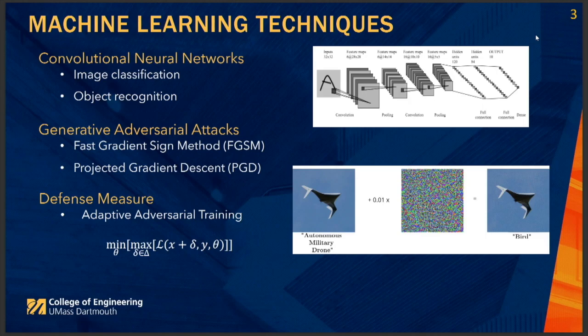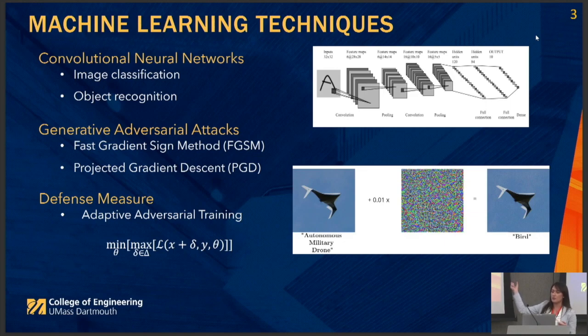Here we consider two types, FGSM and PGD, and they perform quite similarly. They receive an original image as input, and they inject some sort of noise into the image and create an image that for the human eye looks exactly the same, but for the image classification algorithms is totally different. Here we have an example of a UAV where we inject some sort of perturbation, and then for the algorithm now it looks like a bird.